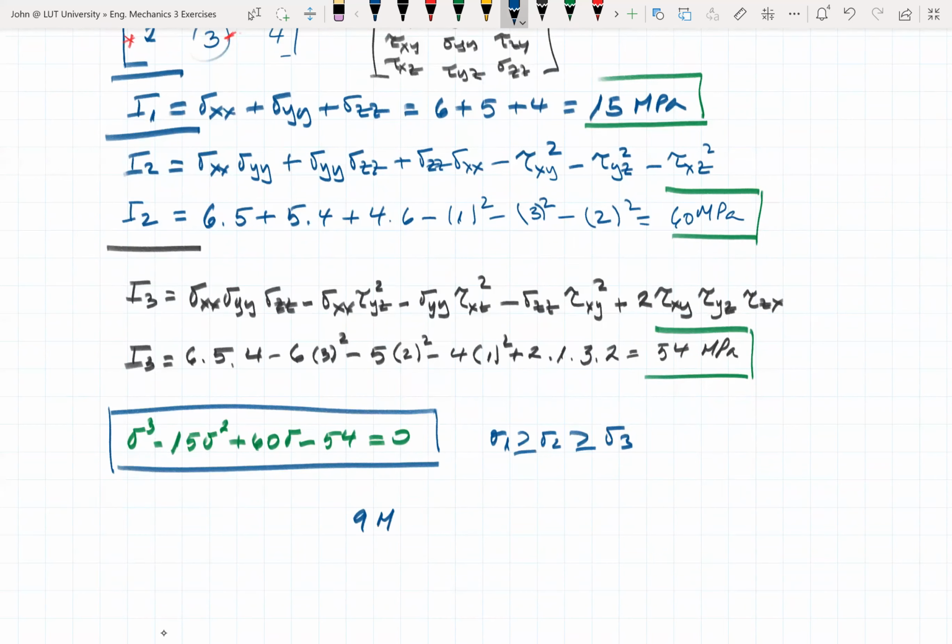It's going to be equal to 9 megapascals larger than 4.73 megapascals larger than 1.25 megapascals. Write it a little bit better.